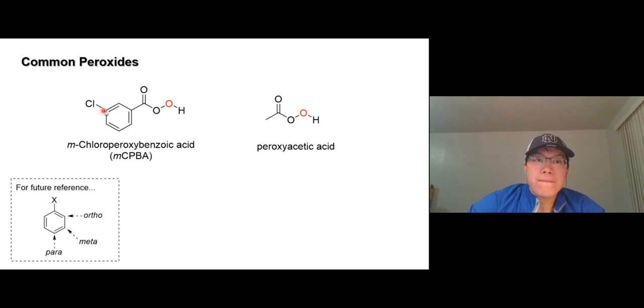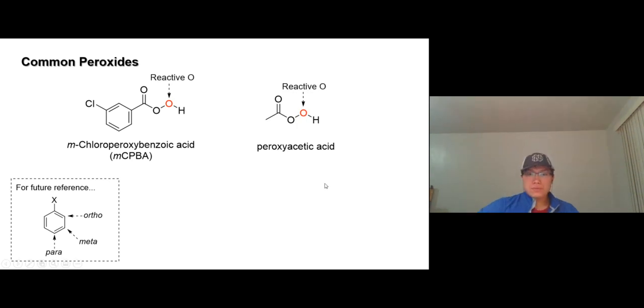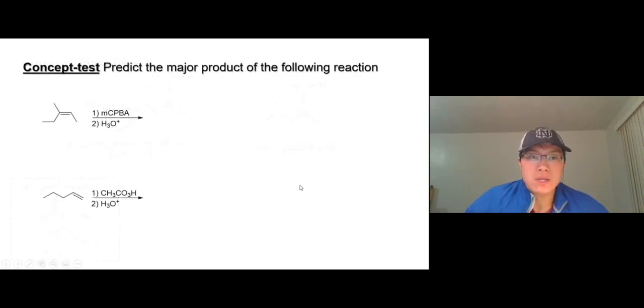This is ortho, meta, and para. That's why we call it meta, so chlorine on the meta, peroxy, so too many oxygens. Benzoic acid is just a benzene and then a carboxylic acid sticking out of it. So MCPBA, that's what we call it. Or peroxyacetic acid. A regular acetic acid doesn't have this oxygen, the red oxygen. Those are reactive oxygens. Okay.